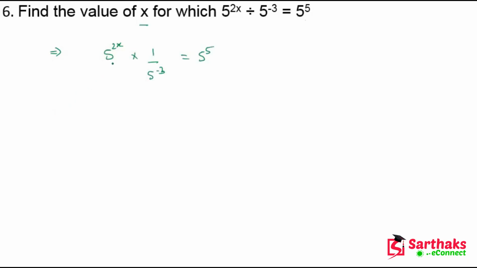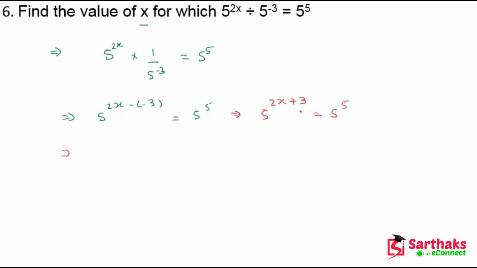Here the base is the same and the exponents are in division, so we can write 5 raised to power 2x minus of minus 3. What is minus of minus 3? And this equals 5 raised to power 5. So 5 raised to power 2x plus 3 equals 5 raised to power 5.